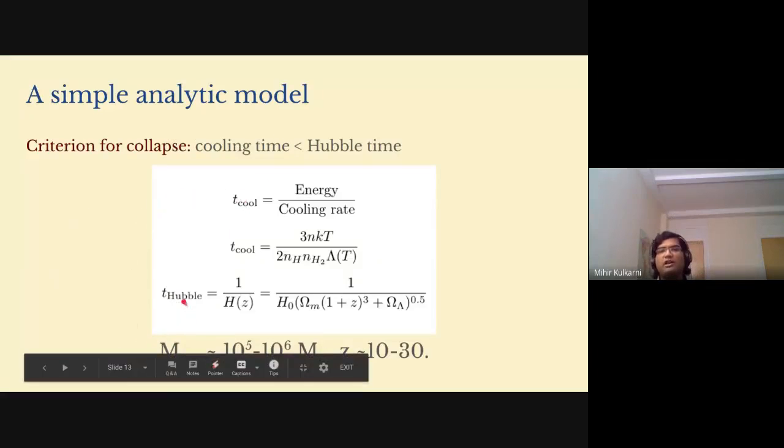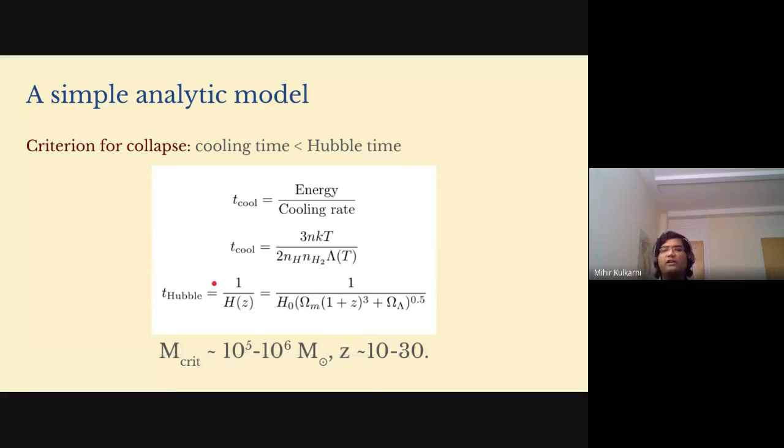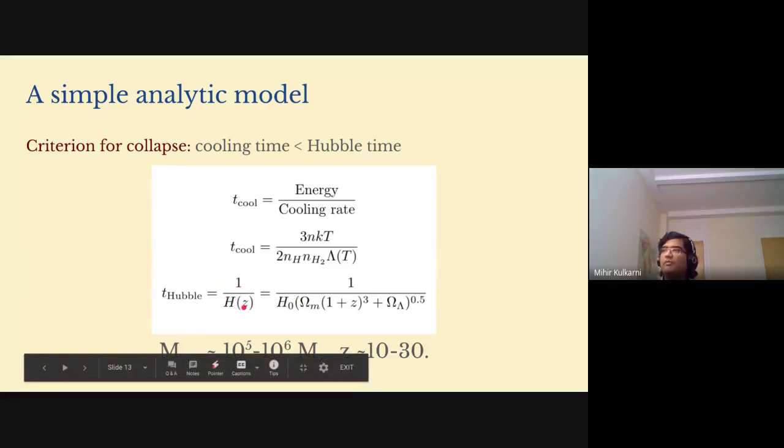And the Hubble time is just the inverse of the Hubble parameter. So remember again that even though the Hubble parameter is typically mentioned in units of kilometers per second per megaparsec, it just has dimensions of 1/time. So the Hubble time is just the inverse of the Hubble parameter, and it's a relevant time scale for the collapse.